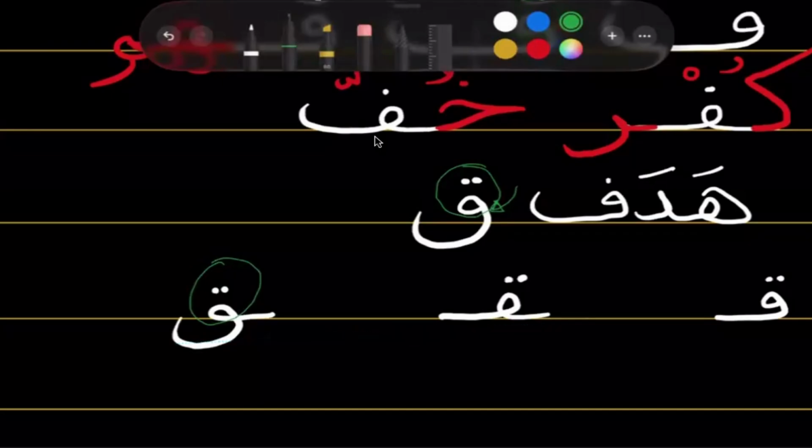But if the qaf is at the end of the word, when it's only connected to the letter before it, then it's going to be connecting from the line. And that line that it's connecting from is the line on the paper. So the head of the qaf is not going to be over the line, unless you are dealing with some way of flipping the letters, like we talked about.